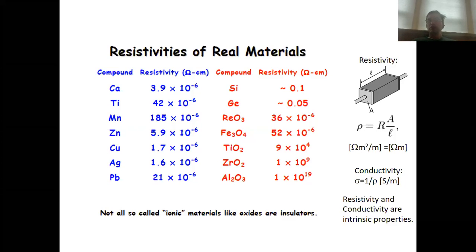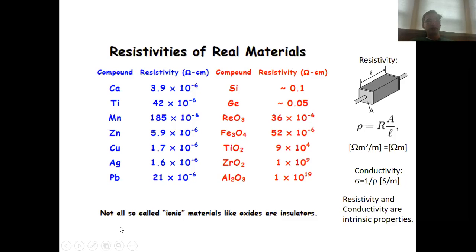The electronic resistivities of real materials are an electronic property of such a material, and therefore a bonding theory, like a band theory, should be able to explain such resistivities. Okay, let's look at the resistivities of a few real materials.